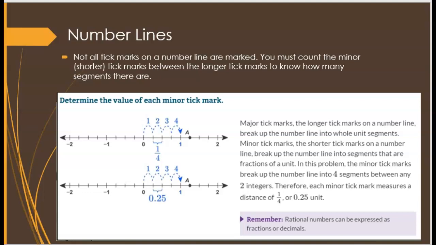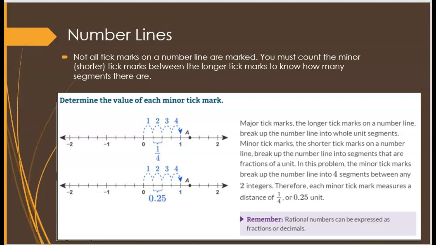So on this particular number line, if we go from 0 to 1, we see that there's 4 tick marks. We have to do 4 bunny hops. 1, 2, 3, 4 between 0 and 1. So that tells us that each one of these tick marks is 1/4 of the way to the number 1.